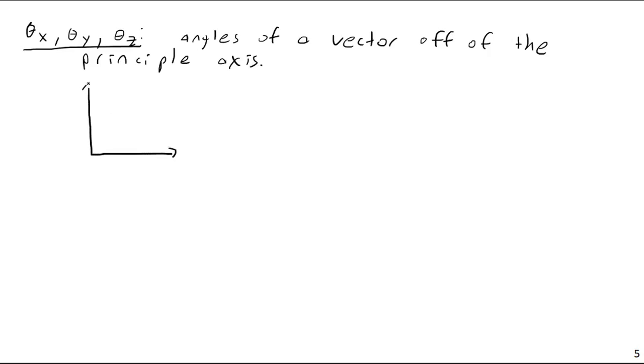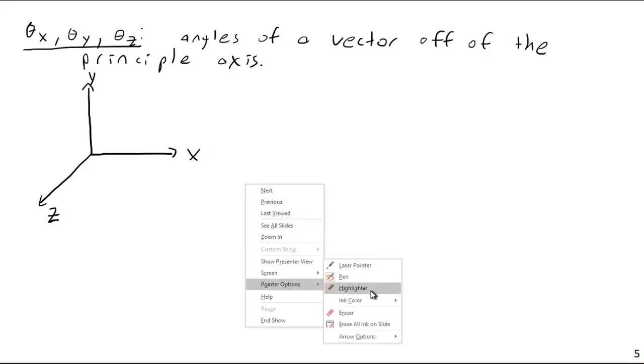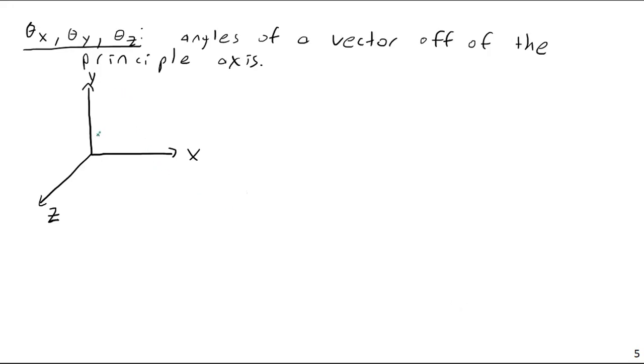So, let me draw my x, y, z axes here. X, y, z is as shown. And I'm going to show the vector drawn from the origin just for simplicity. So here I have a vector F as shown.